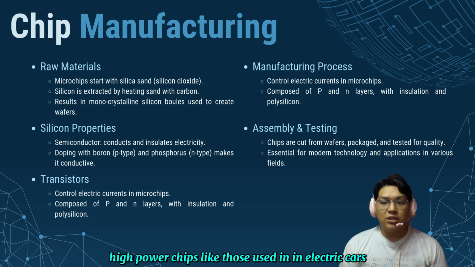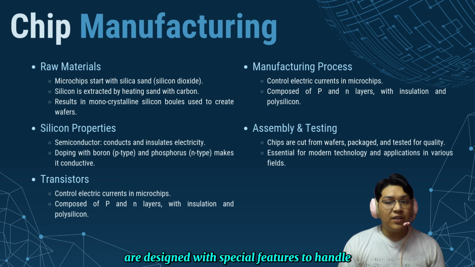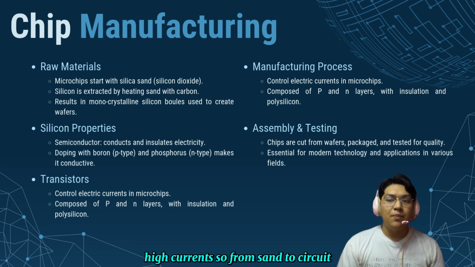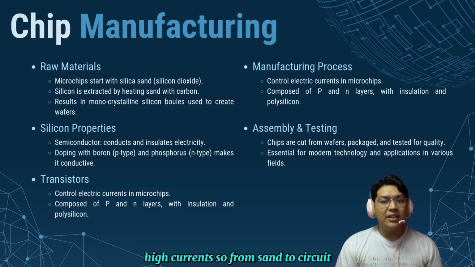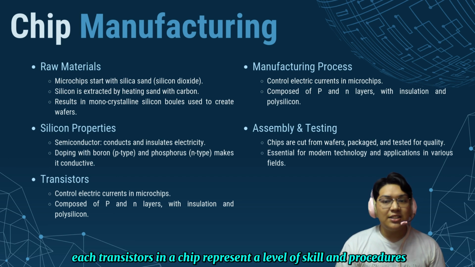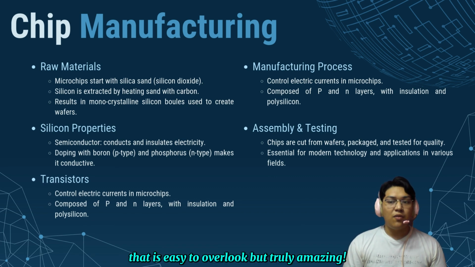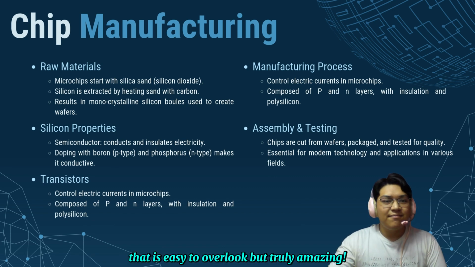High-power chips like those used in electric cars are designed with special features to handle high currents. So from sand to circuit, each transistor in a chip represents a level of skill and precision that's easy to overlook but truly amazing.